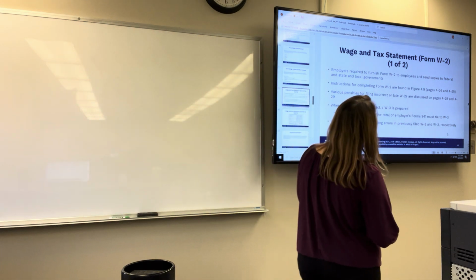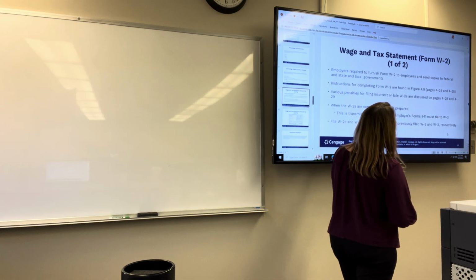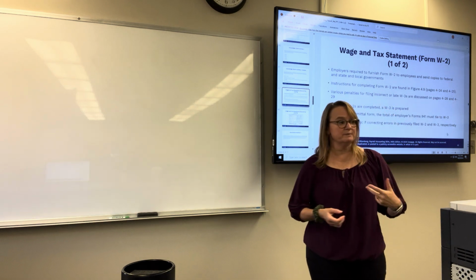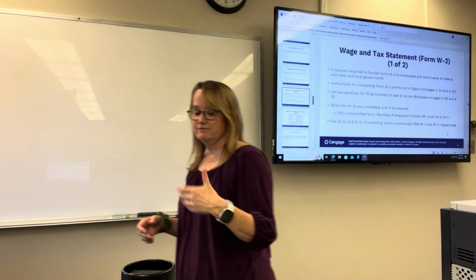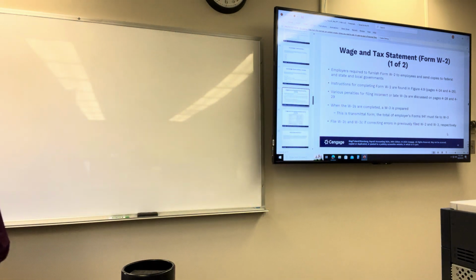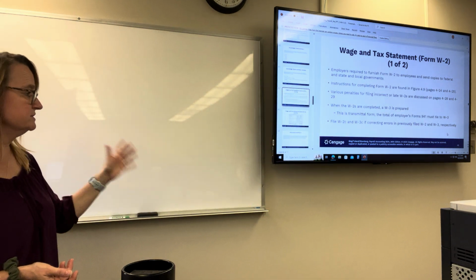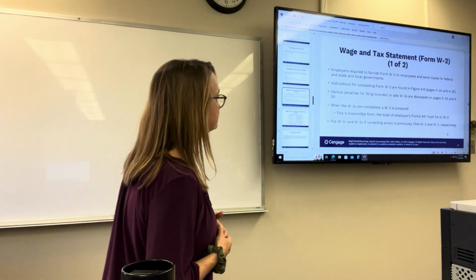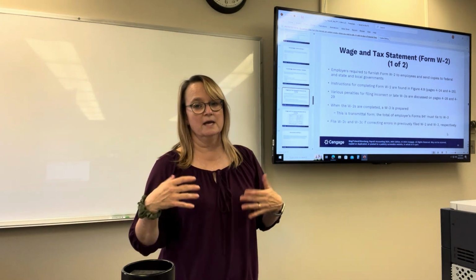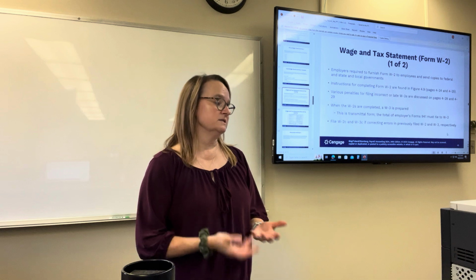So employers have to submit them to employees by January 31st of the following year. So the calendar year, obviously January to December 31st, then that has to be prepared and submitted by January 31st.